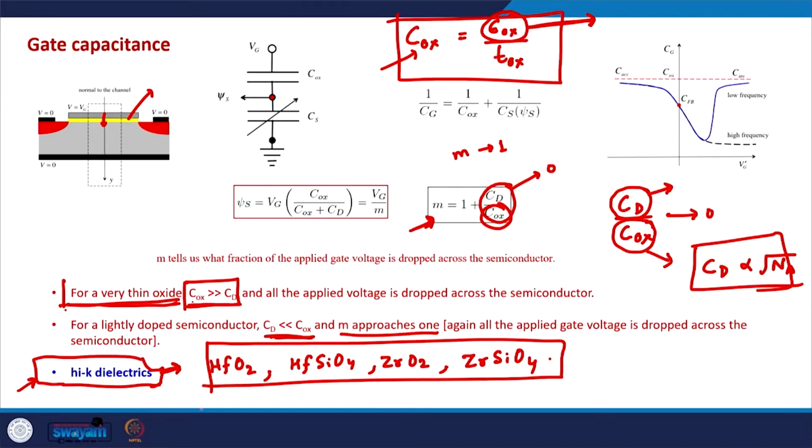So the other way is, in order to have high oxide capacitance, we use high K dielectric materials in smaller MOSFETs. Okay. So we will come back to this point again, but this essentially concludes our discussion of the conventional electrostatics of the MOSFET, and a large part of this is also applicable to the nano MOSFETs.